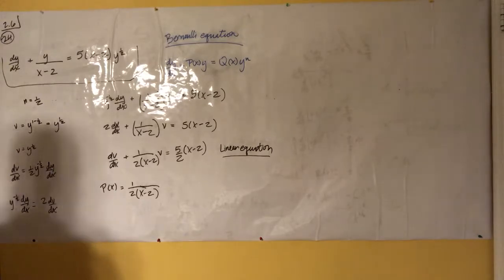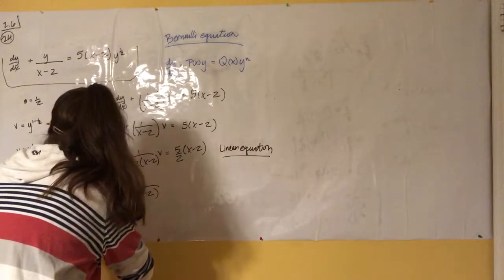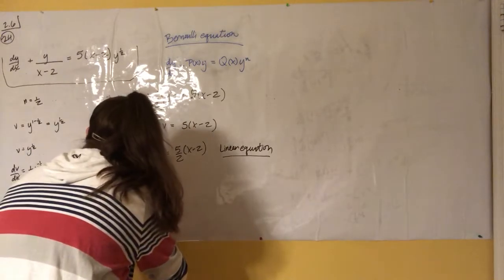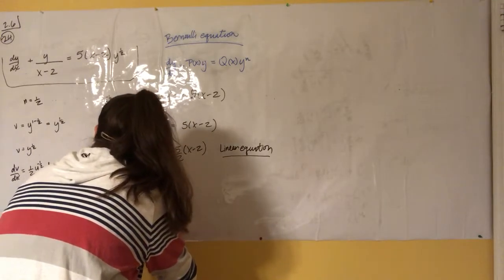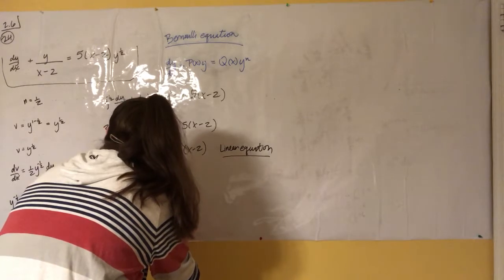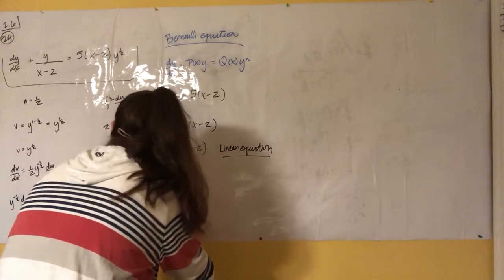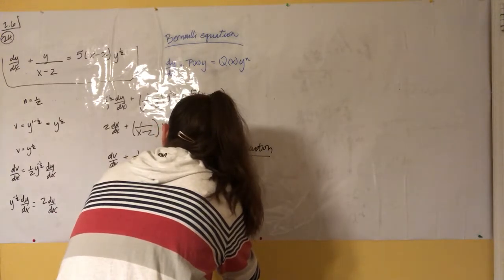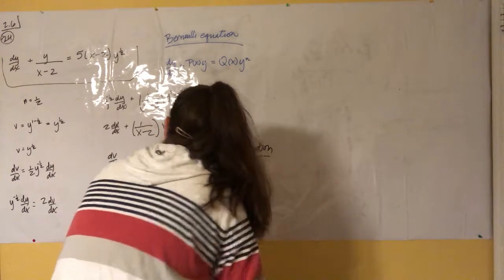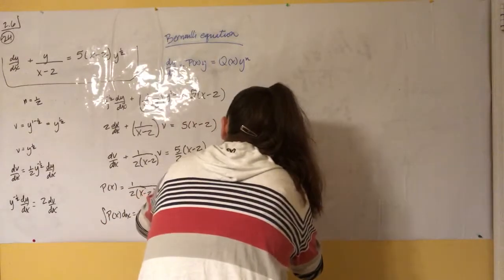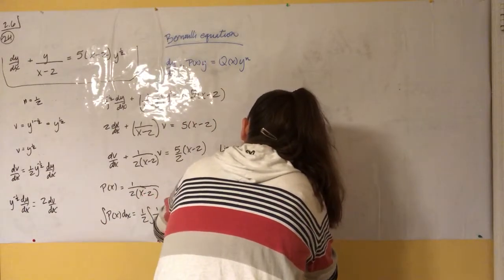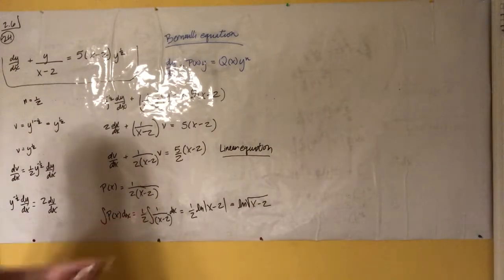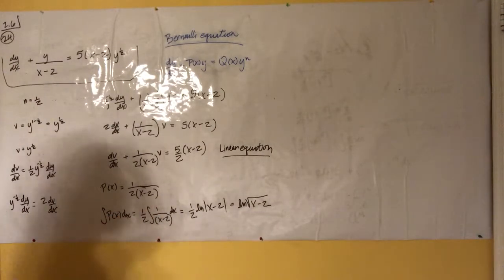And if you want to find that integral, it's going to end up being natural log square root x minus 2.